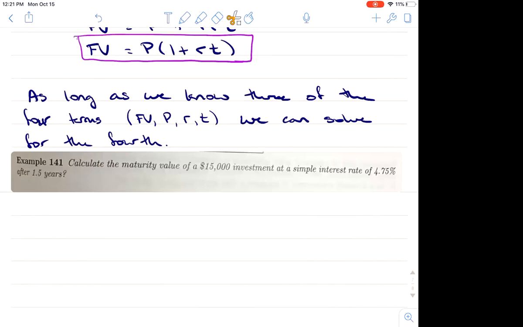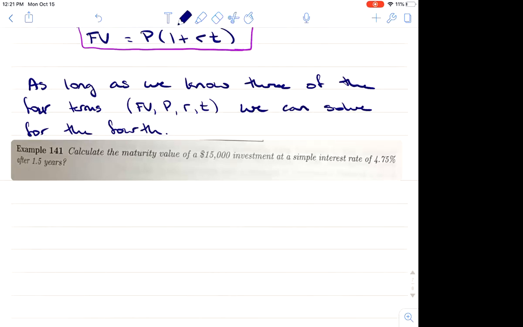Let's see what we're given, and then let's highlight what we have to find. We know that the principal investment is 15,000 because we have to calculate the maturity value.